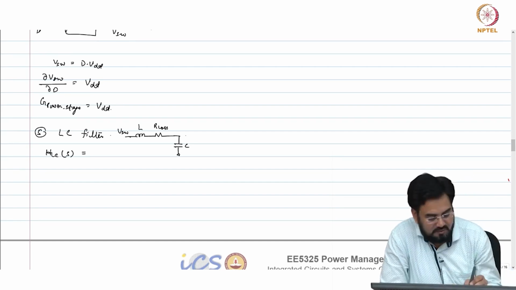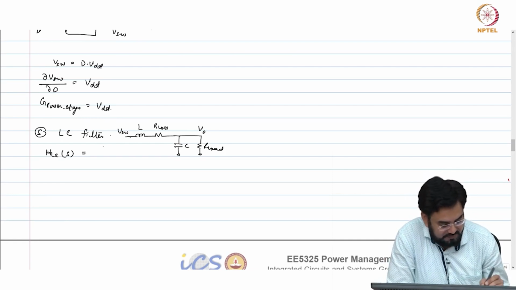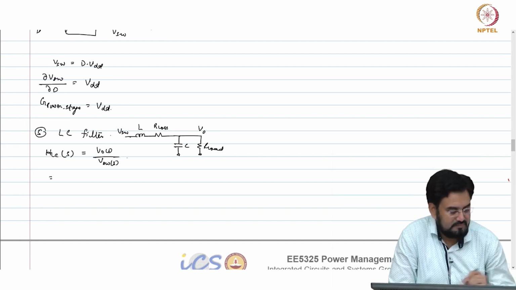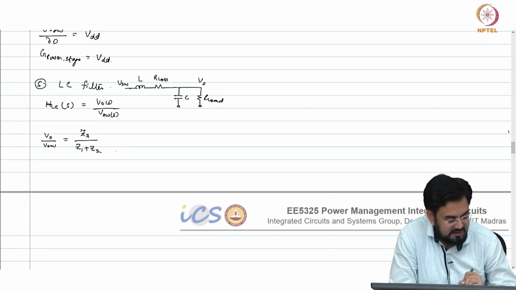What do you have? Load, R load, and if this is V out, all we need is to find V out over Vs. Correct.